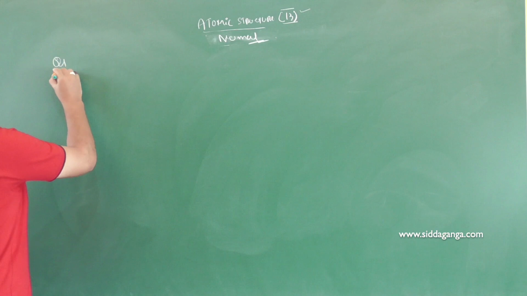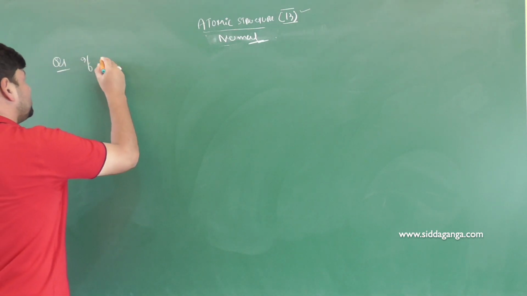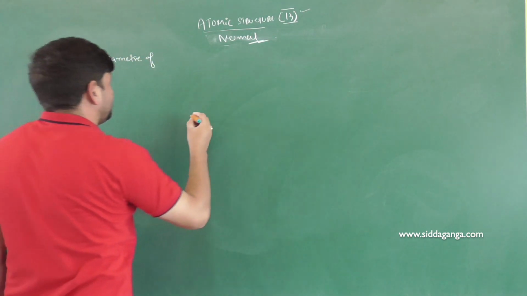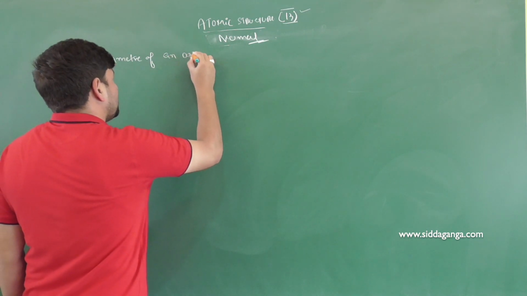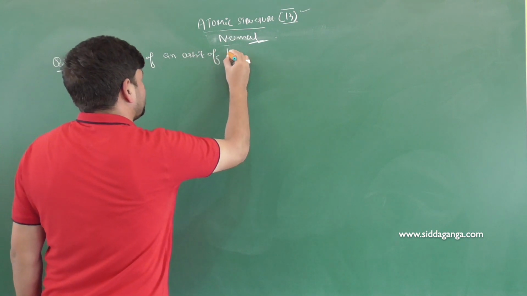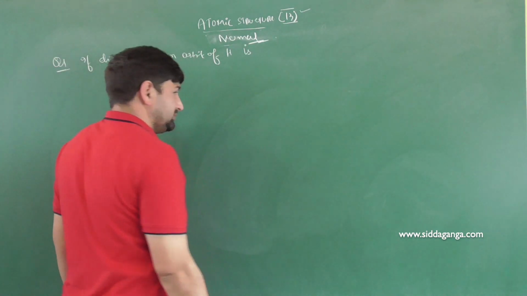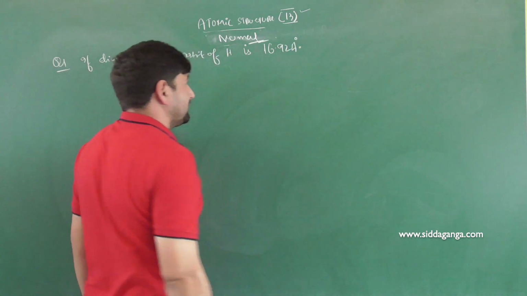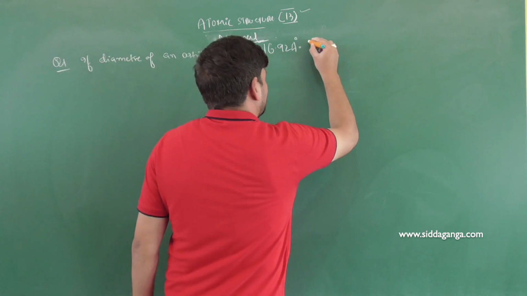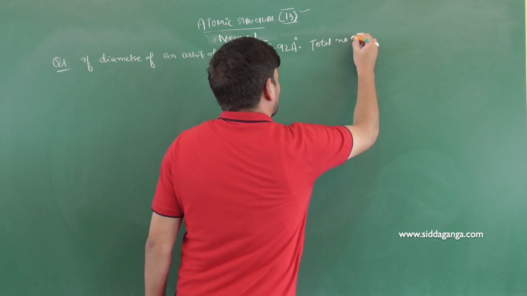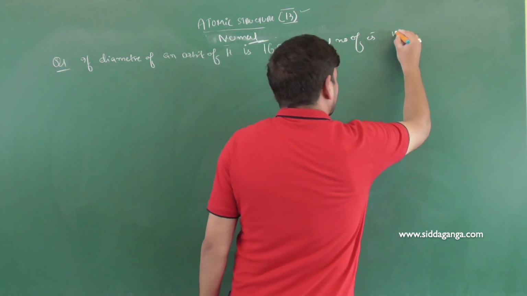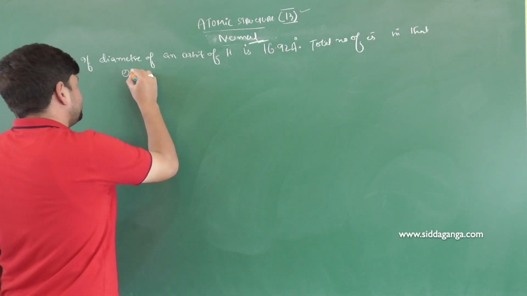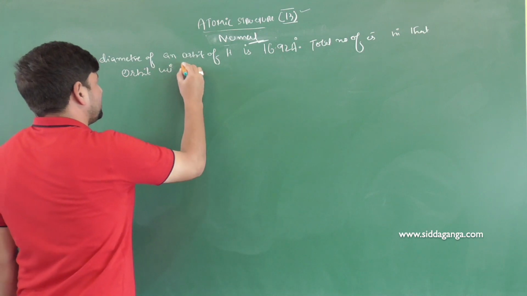Question 1, I will write: if the diameter of an orbit of hydrogen is 16.92 angstroms, the total number of electrons in that orbit will be.